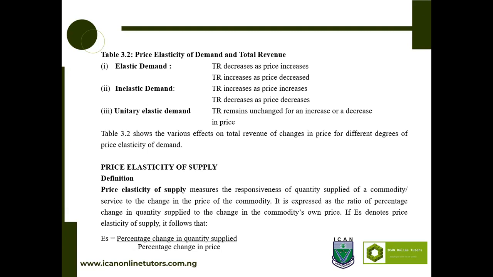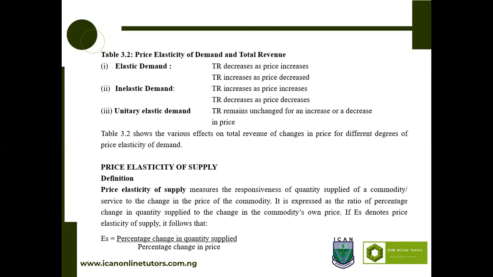Now we move on to price elasticity of supply. Price elasticity of supply measures the responsiveness of quantity supplied of a commodity to the change in price of the commodity.